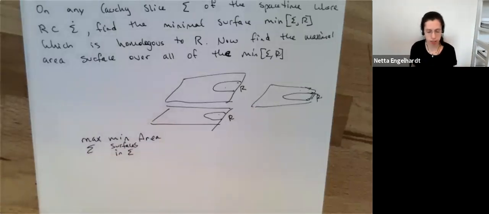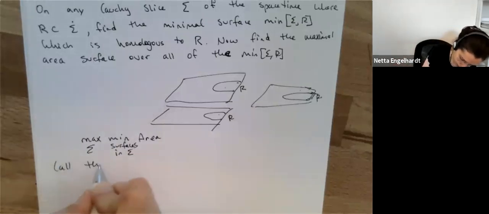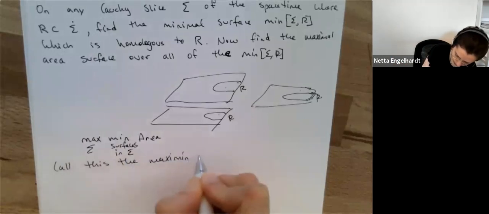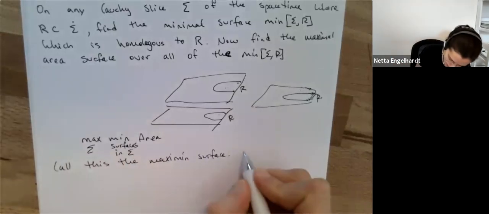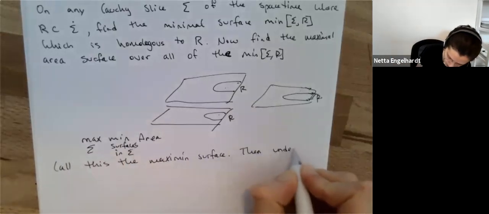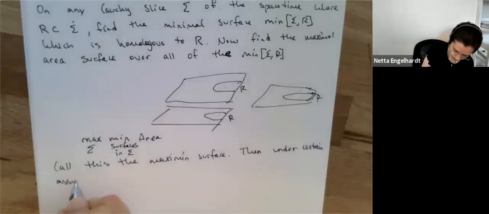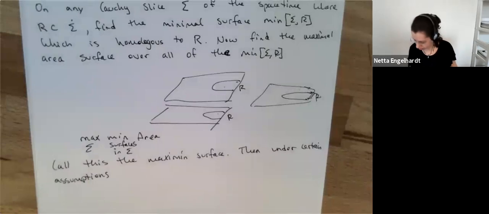Okay, so this gives you the so-called maximin surface. So we call this the maximin surface. Then, under certain assumptions, something called stability, which I'm not going to get into unless you want to ask me during the Q&A, and then I'll be happy to get into it.